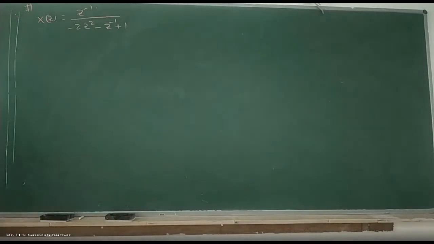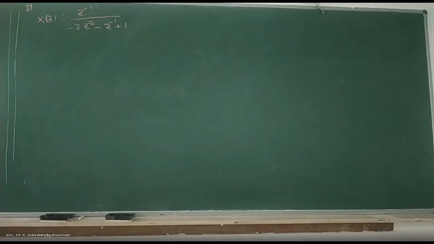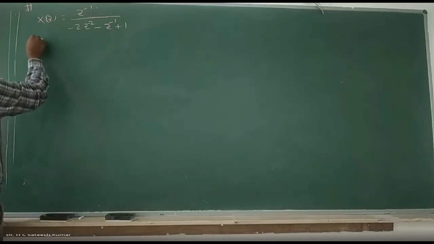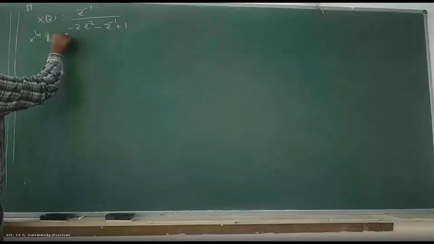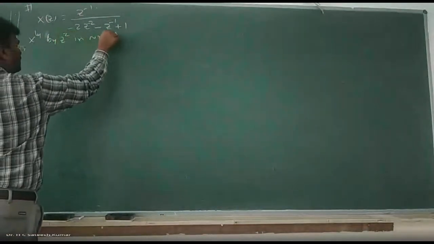You'll have to make the powers positive powers. Z to the power of minus 2, sorry. This is z to the power of minus 2. Okay, right. Now, what you should do is multiply by z square, in numerator and denominator.